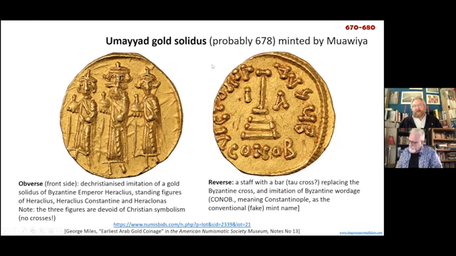And this coin was minted in order to pay a tribute to the Byzantine emperor. And he did so by minting a de-Christianized imitation of a gold coin from Byzantium.